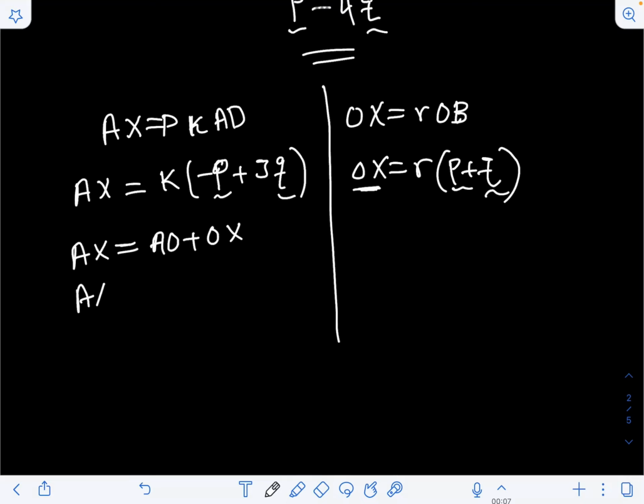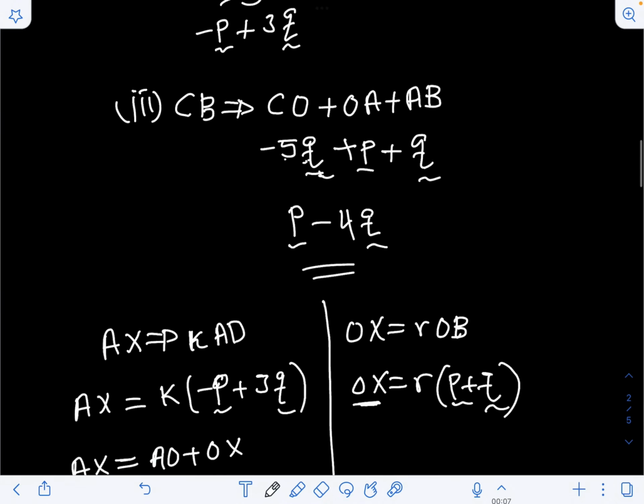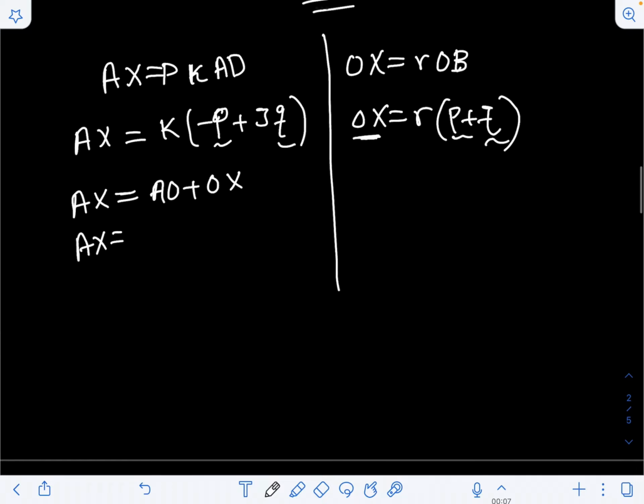So AX is equal to, what's our AO? AO is negative vector P, plus OX. OX we have in here, it's R times bracket vector P plus vector Q. Good.